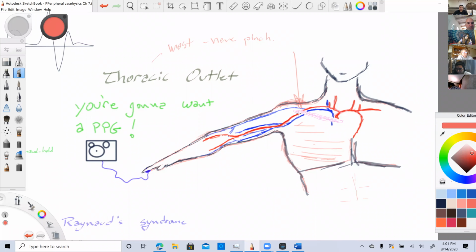If you're going to test for this, you're going to want a PPG. Oh, PPG, photo... Anyone else remember? Well, I can't remember what PPG stands for. It's basically infrared light that goes right through your skin, barely even sees the skin. It reflects off of red blood cells, and you can get heart rate from that.